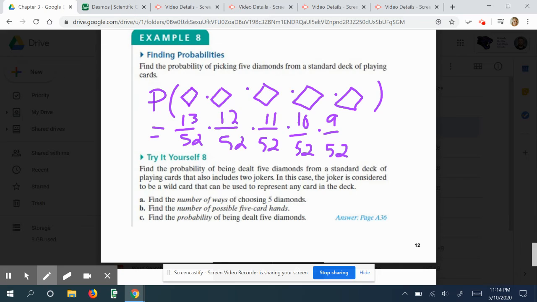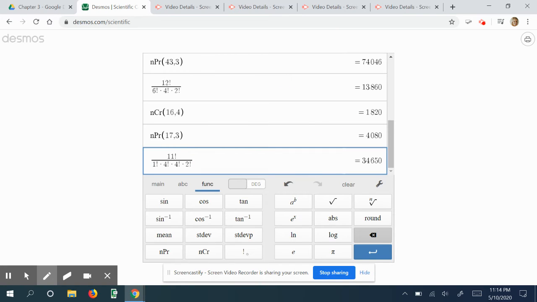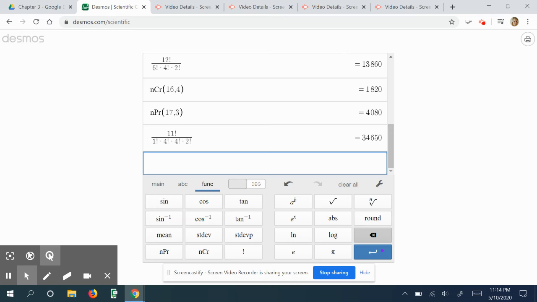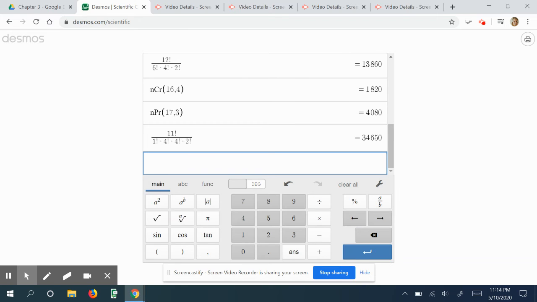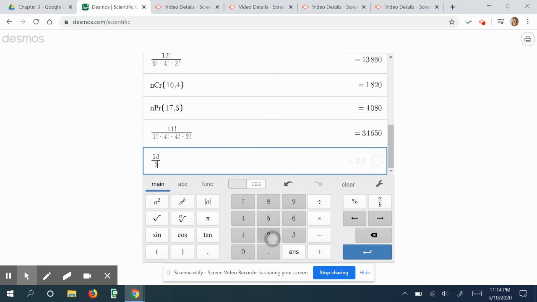And so we can figure this out. We'll do it the old school way, which is actually just multiplying it all out, right? So it would be 13 out of 52 times 12 out of 52 times 11 out of 52 times 10 out of 52 times 9 out of 52.